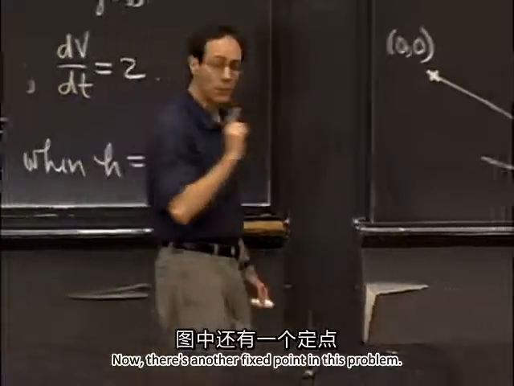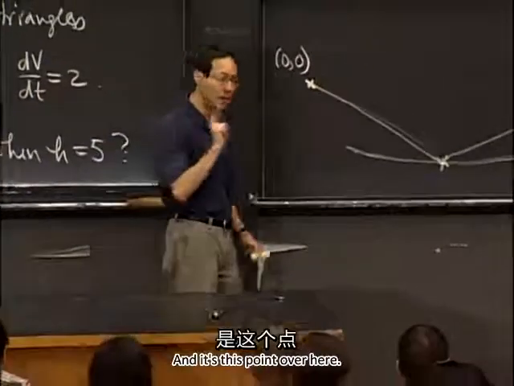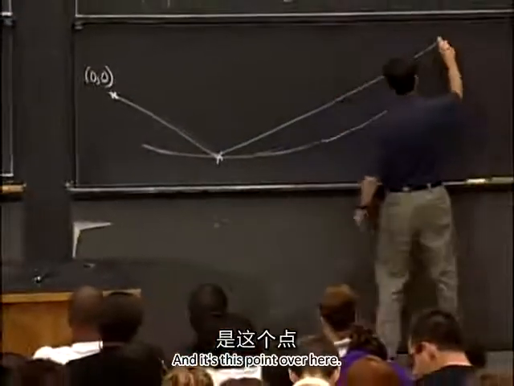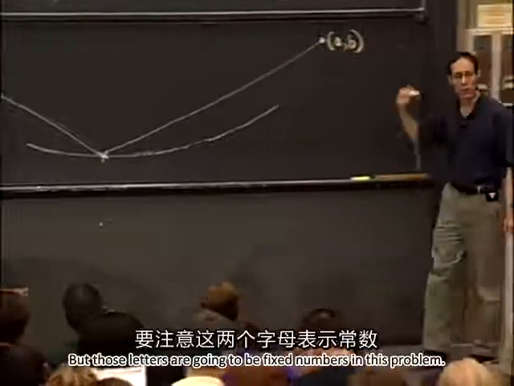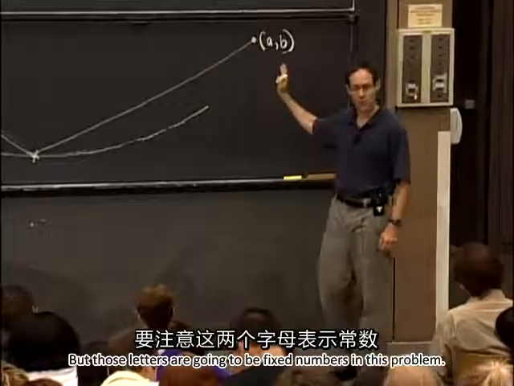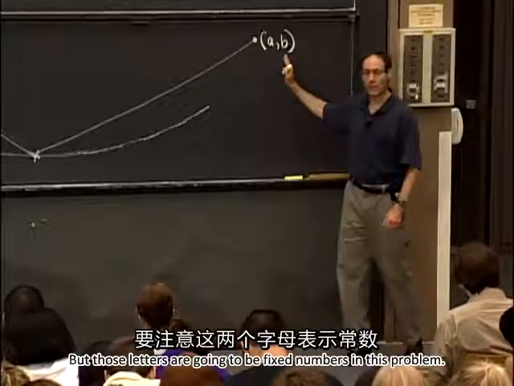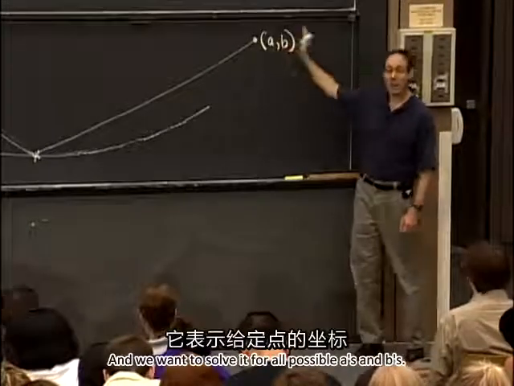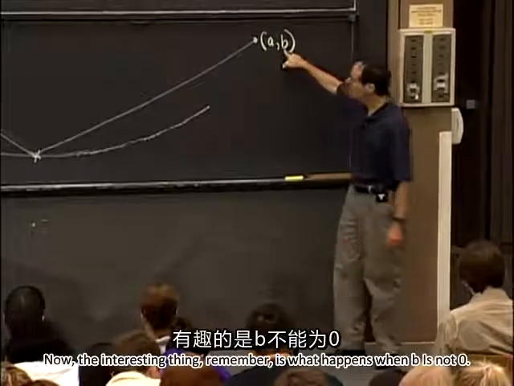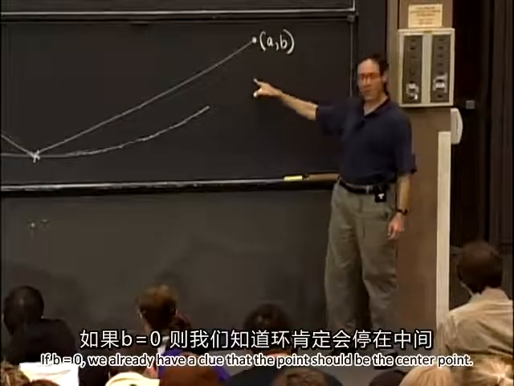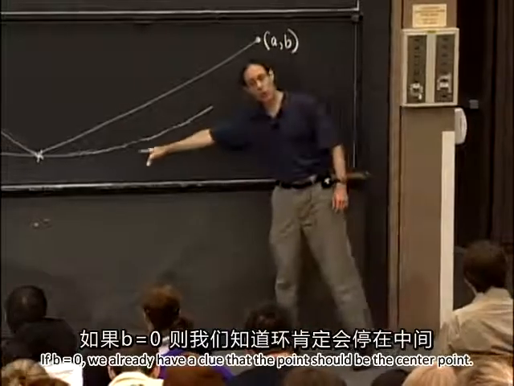Now, there's another fixed point in this problem, and it's this point over here. And we don't know what its coordinates are, so we're just going to give them letters, A and B. But those letters are going to be fixed numbers in this problem. All right? And we want to solve it for all possible A's and B's. Now, the interesting thing, remember, is what happens when B is not 0. If B is equal to 0, we already have a clue that the point should be the center point.